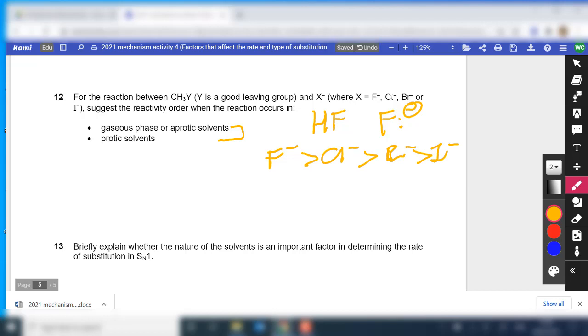But when it comes to protic solvents, you will expect the reverse, because for protic solvent my fluoride is well stabilized. Therefore it is not able to perform its role as the nucleophile as well. In a protic solvent, it's well stabilized, so in terms of nucleophilicity, it's lower than chloride, lower than bromide, of course lower than iodide.